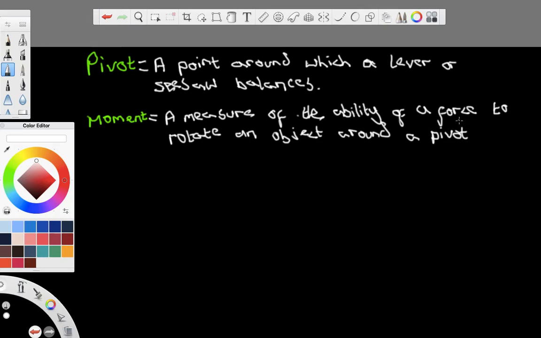Now, moments depend on the force being applied and how far it is from the pivot. That's really important, so we're going to add it underneath there in red.